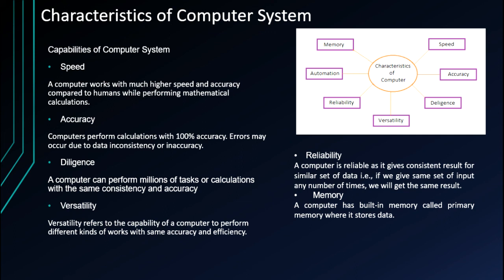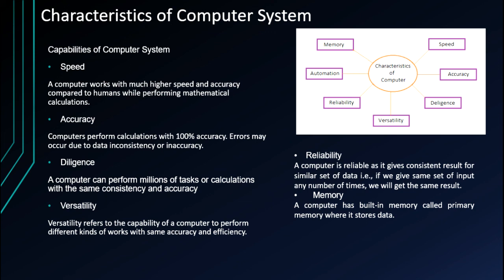Also, our computer has 100% accuracy in performing data processing and calculations. Okay, so also we have diligence, which can perform millions of tasks or calculations with the same consistency and accuracy. Next is versatility. Versatility refers to the capability of a computer to perform different kinds of work with the same accuracy and efficiency.